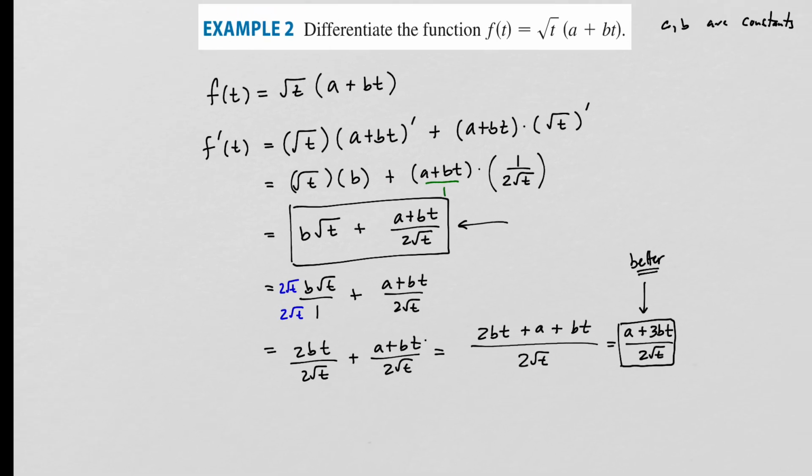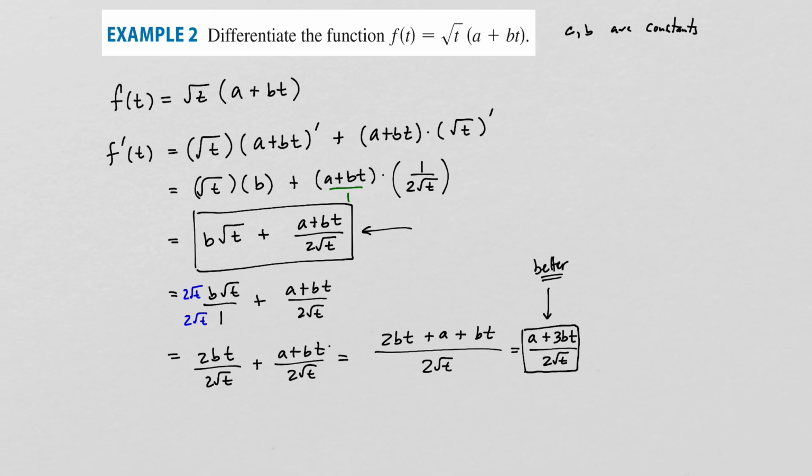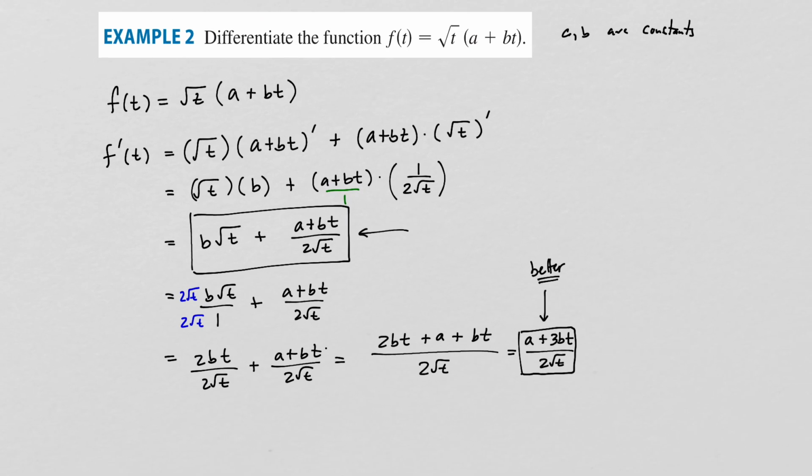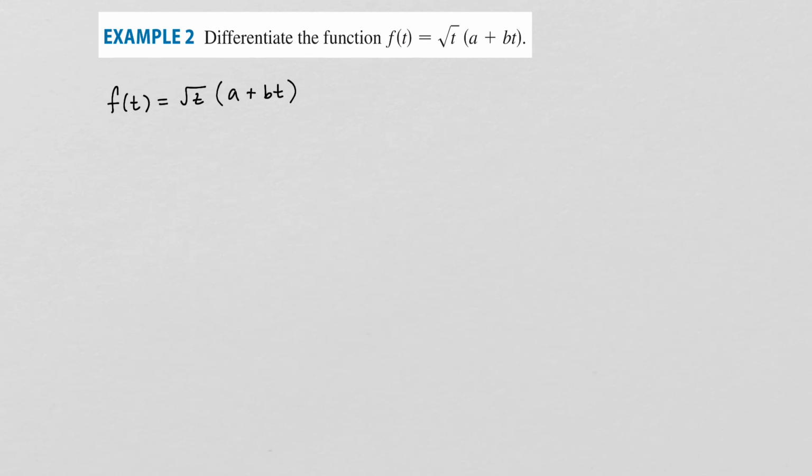Now, I want to show you that you could actually find this derivative using a completely different technique. Let's remember that we could use the distributive property here, and we can write radical t times a is a radical t, plus radical t times bt, which is the same as bt times radical t.